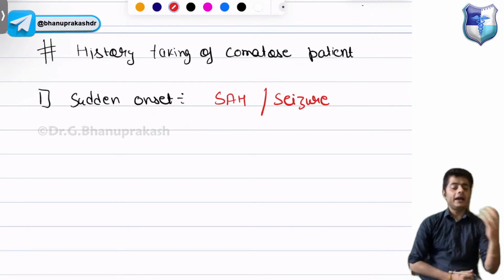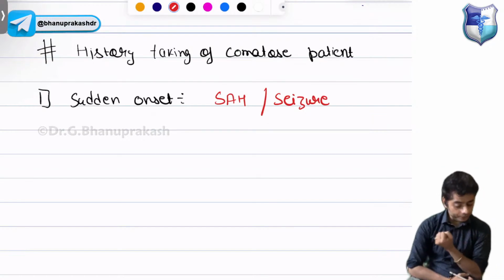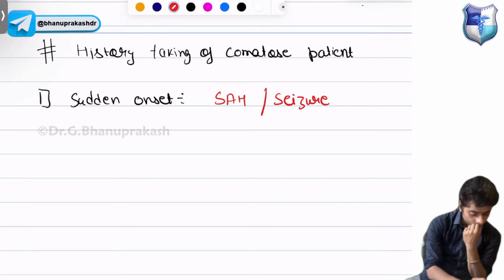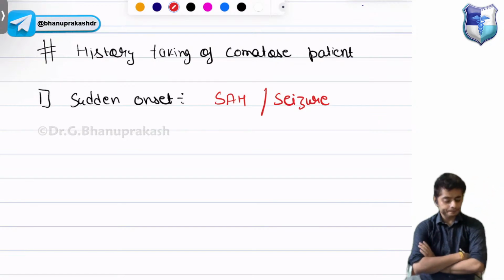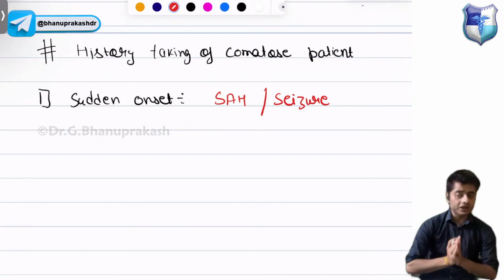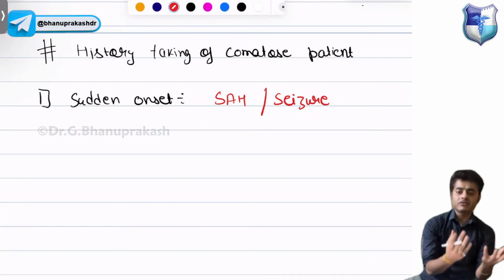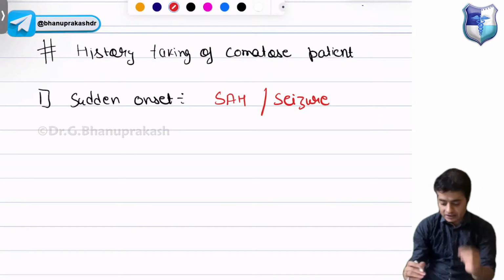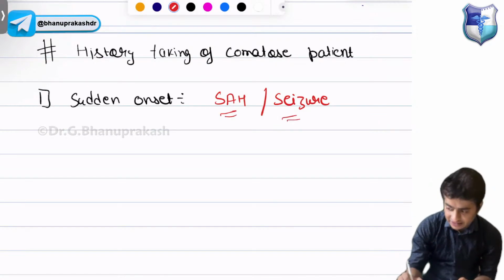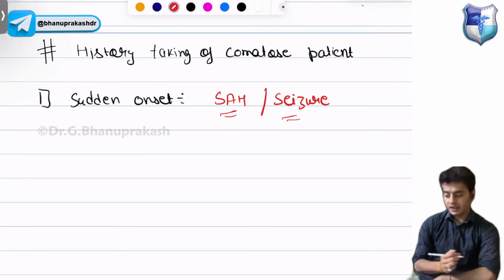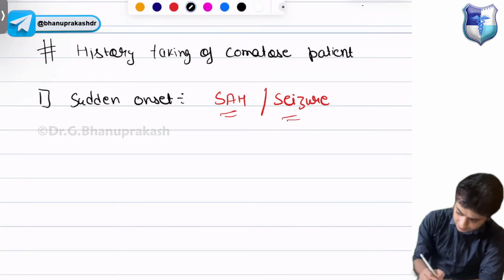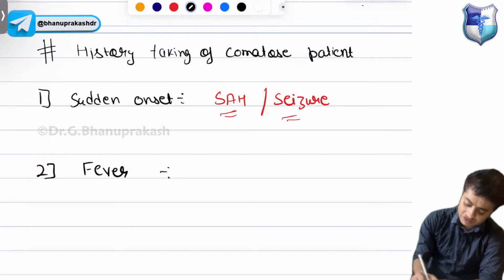So if there is a patient and his relatives are telling you, sir, the patient was all right a few minutes back, but suddenly the patient has gone into coma, you will suspect subarachnoid hemorrhage or seizure. Then, if there is a history of fever, what will you suspect?